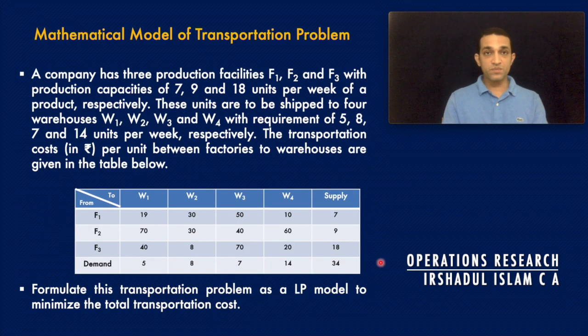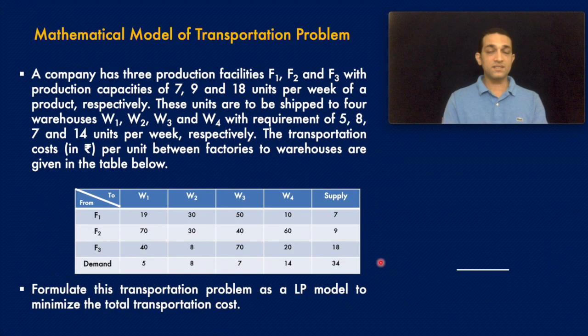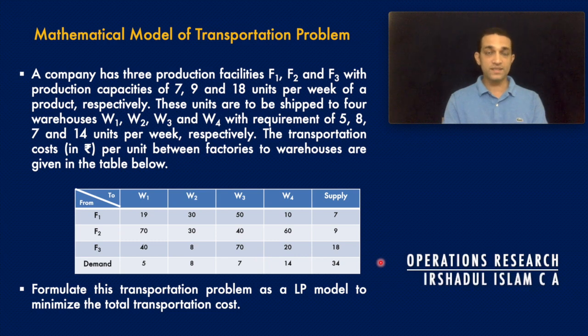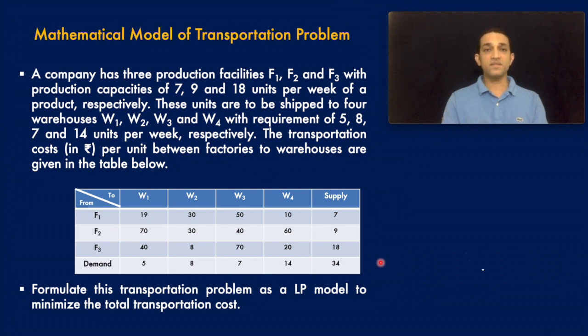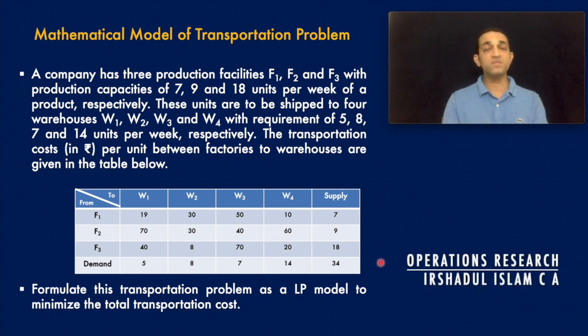Mathematical model of transportation problem we will understand with the help of the following example. Clearly understand the question. A company has 3 production facilities, F1, F2, F3, with production capacities 7, 9 and 18 units per week of a product respectively.